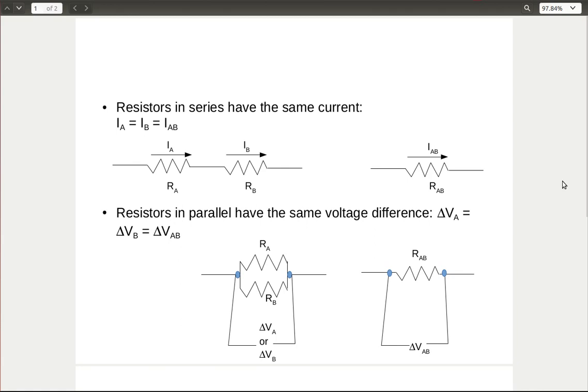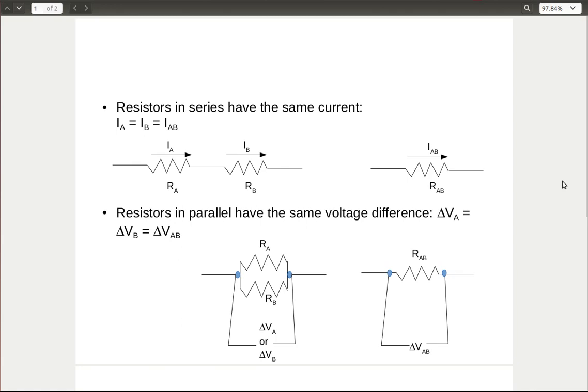You can have energy leave the proton or the electron, but you can't have the electron literally disappear. So I represents literally the charges moving through, and because they can't disappear, any charge that moves through RA must move through RB.